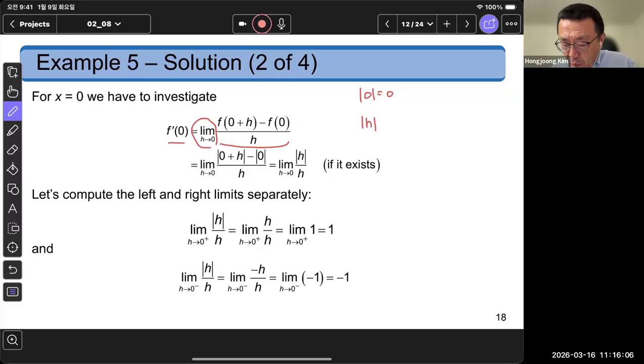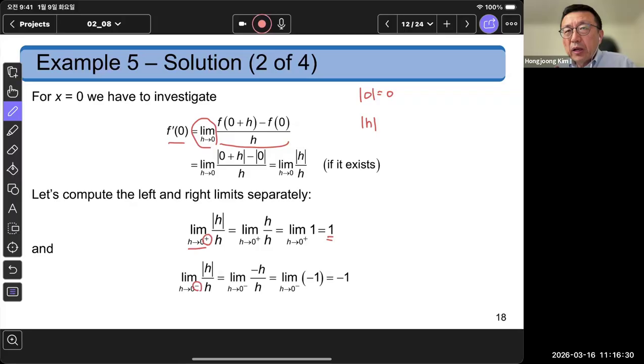So when I approach 0 from the right, I'm considering positive h. The absolute value sign is just removed and the limit will be plus 1. But if I approach 0 from the left, my h will be negative valued.